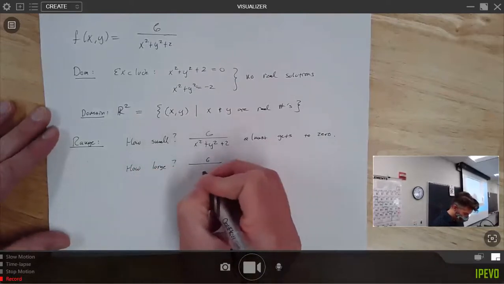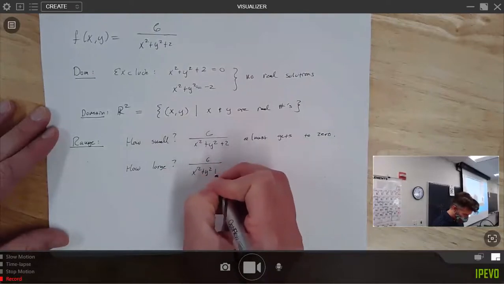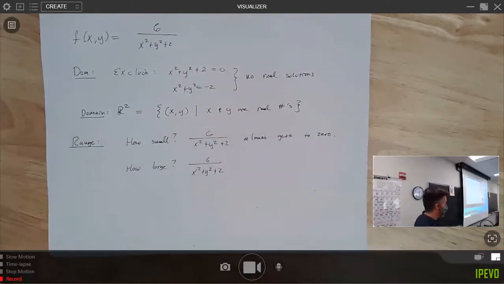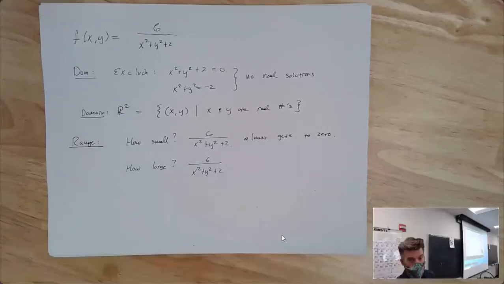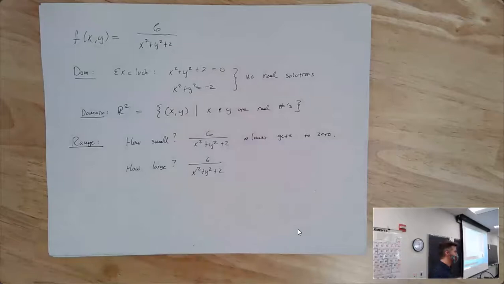Well, same sort of idea. If I want to make my fraction large, I want to make my denominator small. So what's the smallest the denominator can be? A real nice integer number. How small can that be? 2, right?